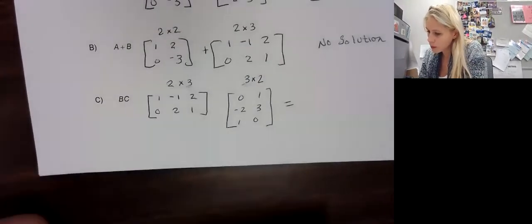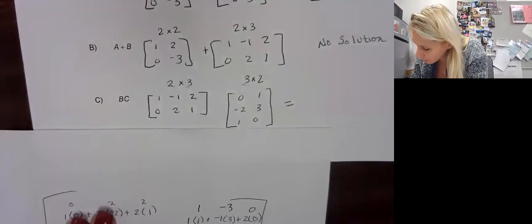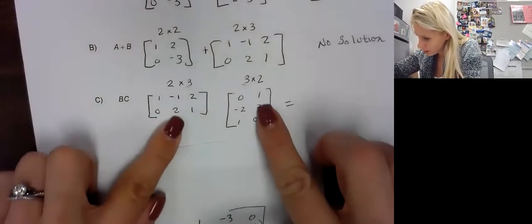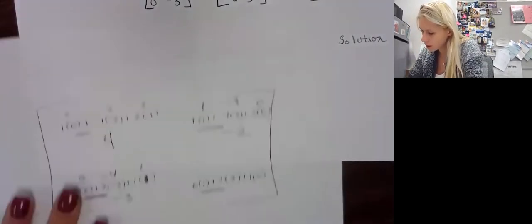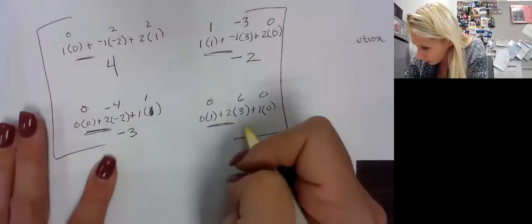All right, last one, row 2, column 2. So 0 times 1 plus 2 times 3 plus 1 times 0. Right? 1, that one, that one. Good. So 0, 6, and 0, so I get 6.